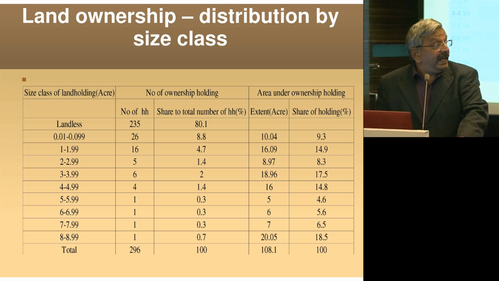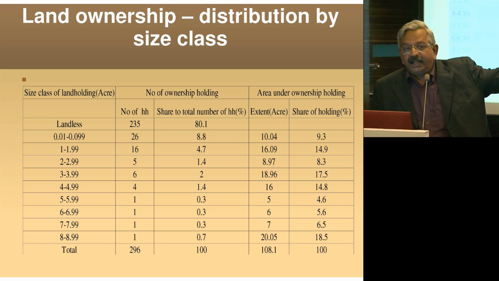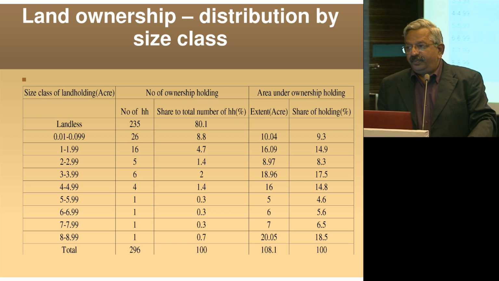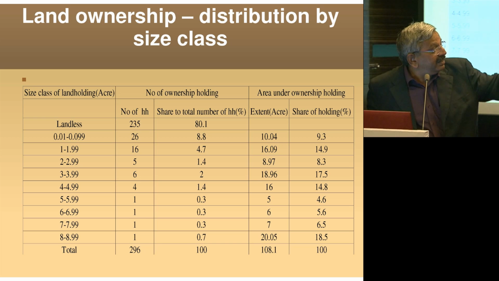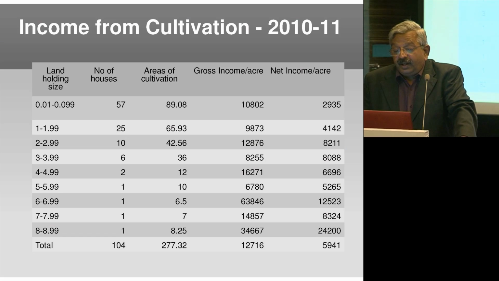And so if you look at the income in the year prior to the cyclone, the net income per acre and gross income per acre, you really see the same pattern that I was talking about earlier. Sharp differences across the entire strata.